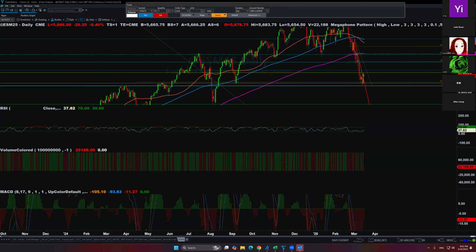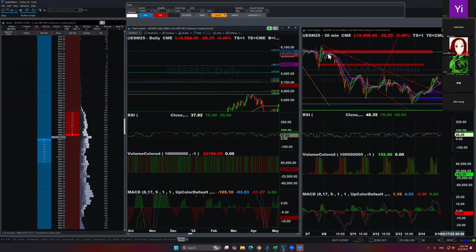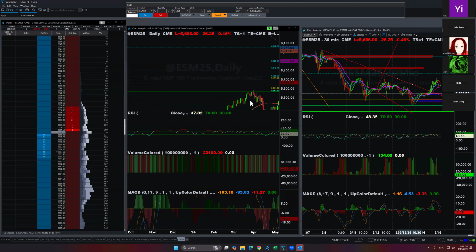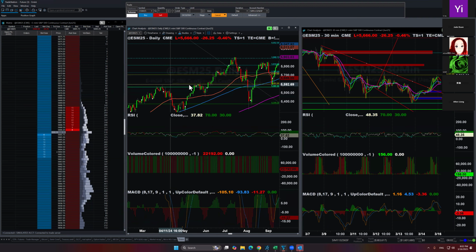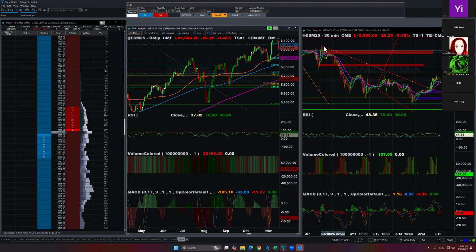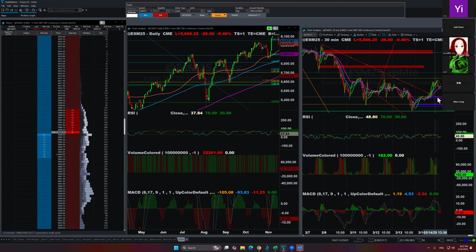Okay, here. So on the 30 minutes we finally have a trend change, right? We have trend line resistance, we break out. So ideally, I want to see this being retested, like 56.20.